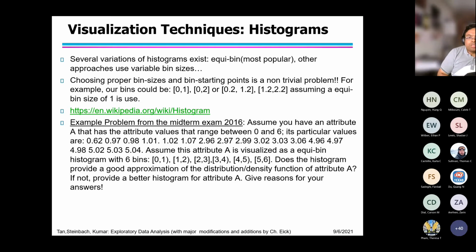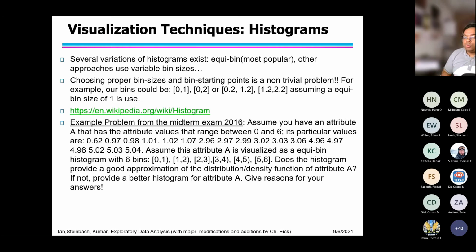And I'll let you know that questions on histograms are almost certainly going to be on your midterms. And it'll be a very simple question. You can't really go wrong in the question, but you need to understand why you are binning, what does it mean for you to equally bin something?